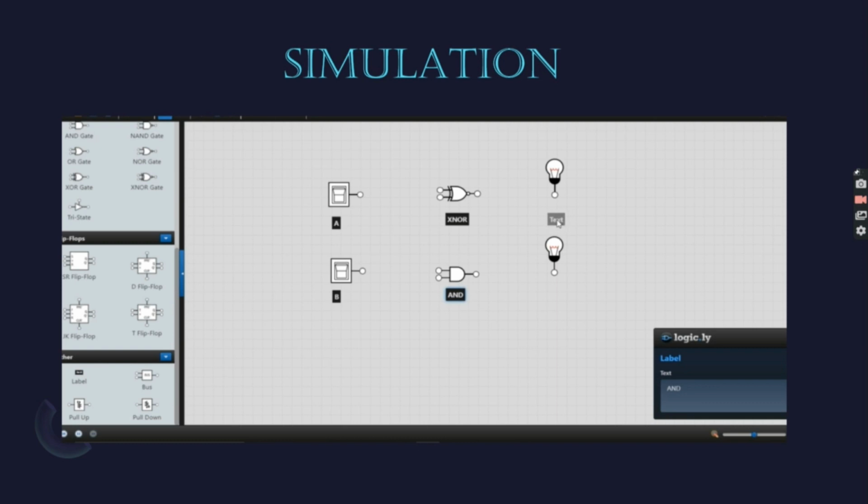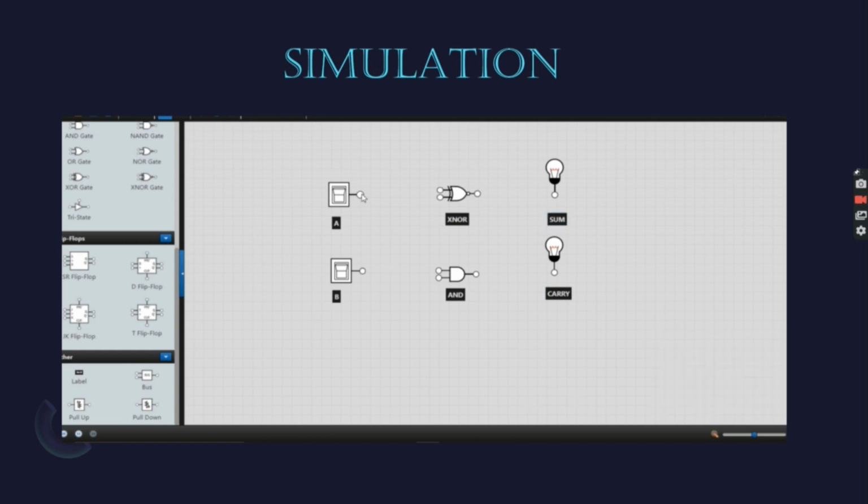For the outputs, we have labeled as sum and carry. Now we are going to give the connections.